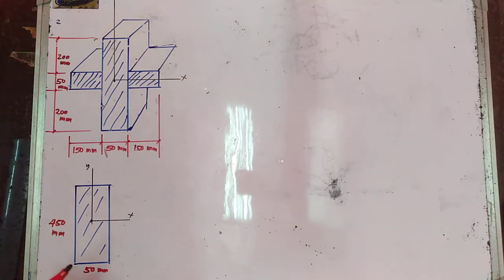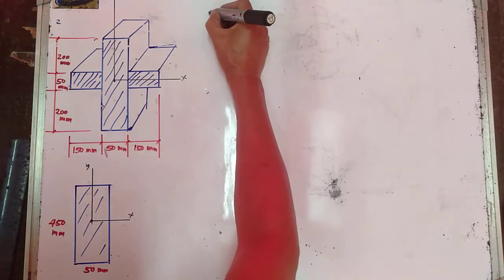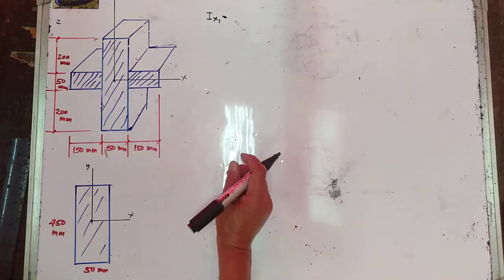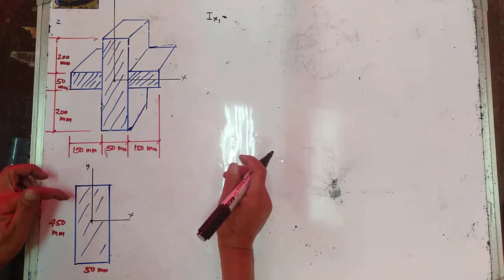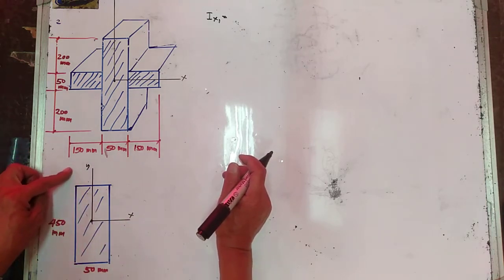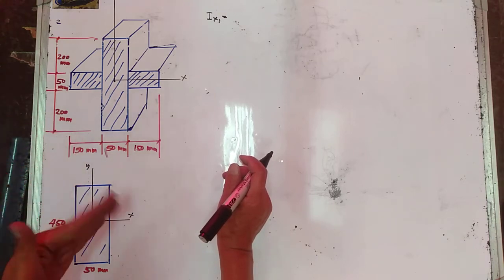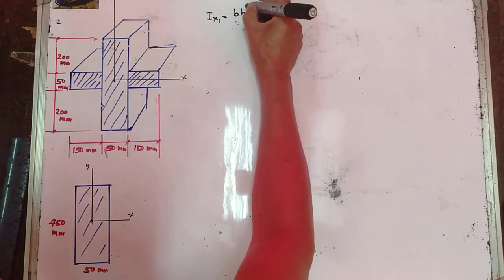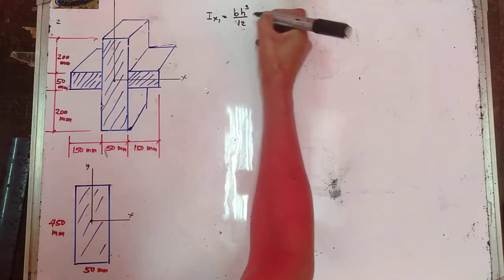Now, for area 1, the moment of inertia with respect to the x-axis. Since the x and y axis pass through the centroid of this area, your Ix1 is bh cubed all over 12.